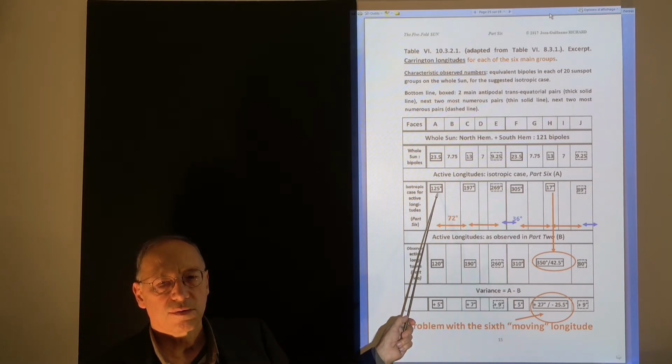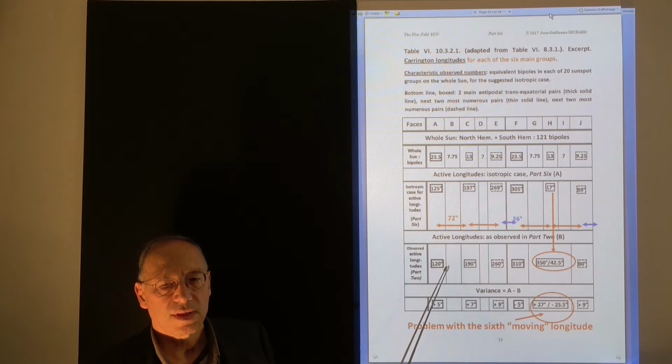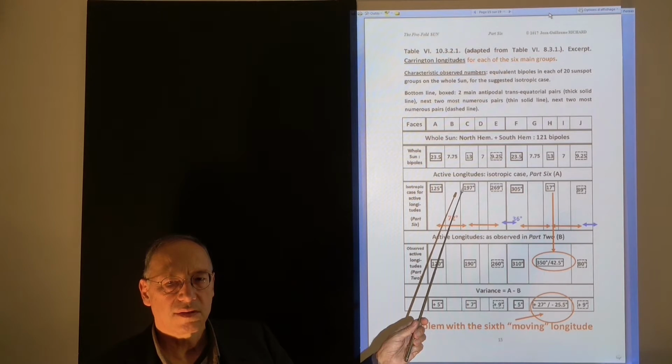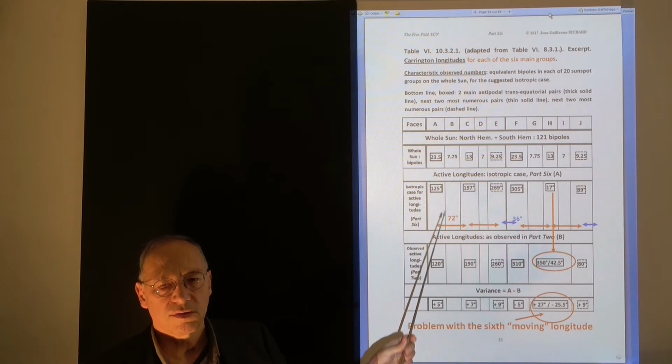In fact, we used 125 because we know that the observed estimate for the corresponding active longitude is 120 degrees, and 125 by trial and error approaches perhaps a best fit for the rest of these longitudes. So you see there is here indicated the variance between longitudes as observed and longitudes in the isotropic case, starting with 125 degree Carrington longitude.